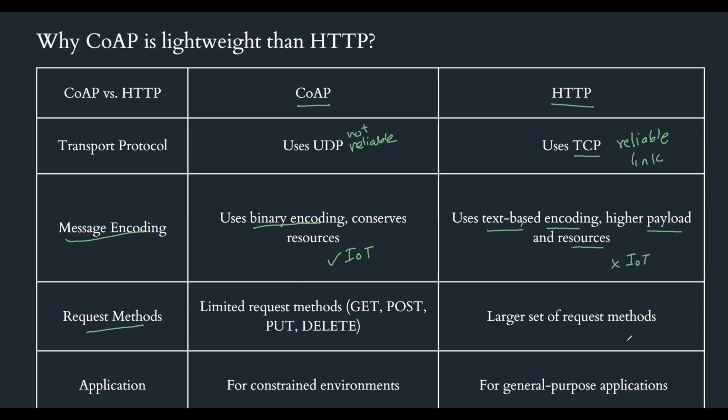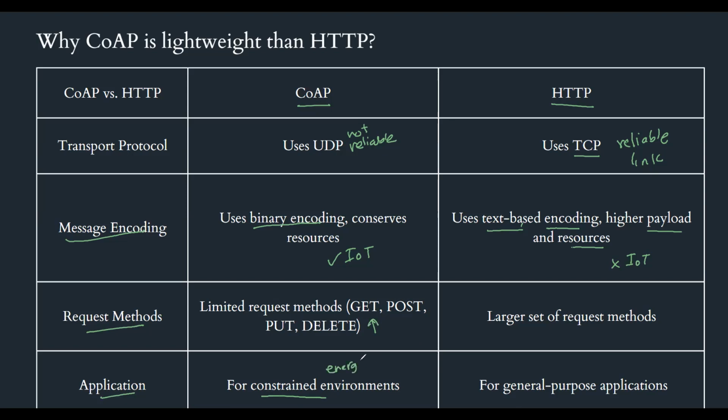So we have multiple functions that can be run using the HTTP protocol, which makes it more complex to be used for IoT scenarios. IoT scenarios might only need these four commands, and it would be sufficient for IoT networks.